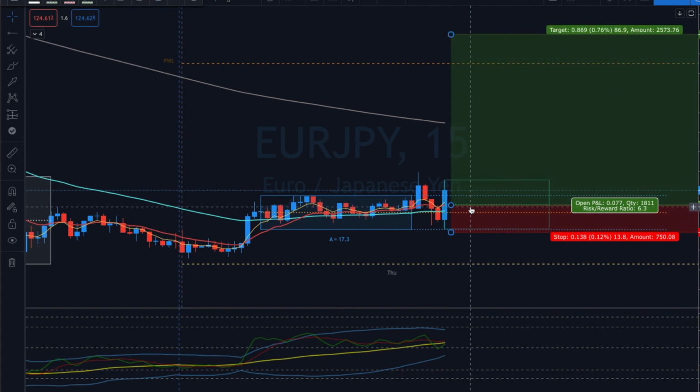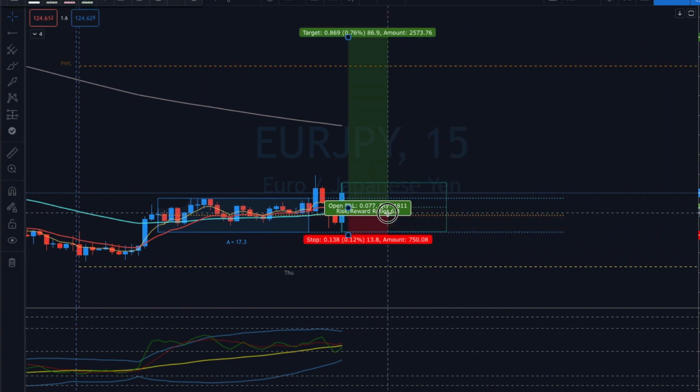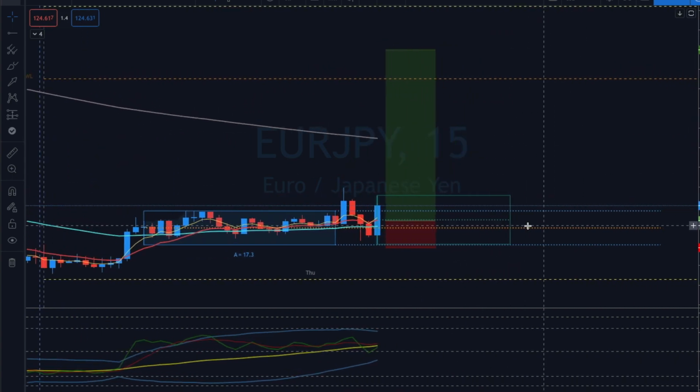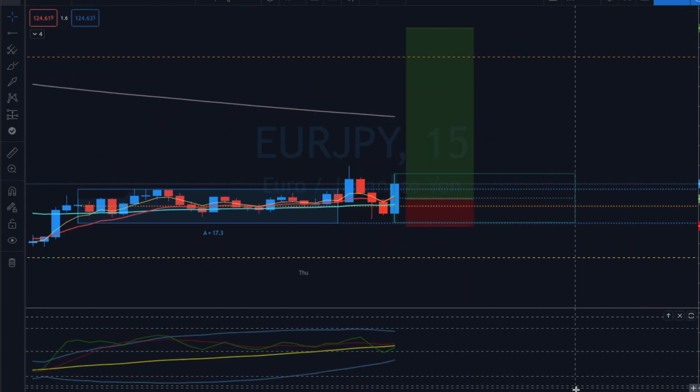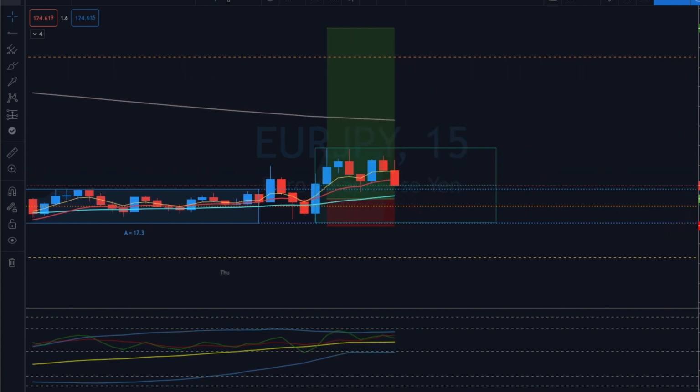And if it doesn't come back, then I'm not interested in getting into this trade. And if it goes up, I mean, it is what it is. It goes up. But it's not something that I'm willing to take.